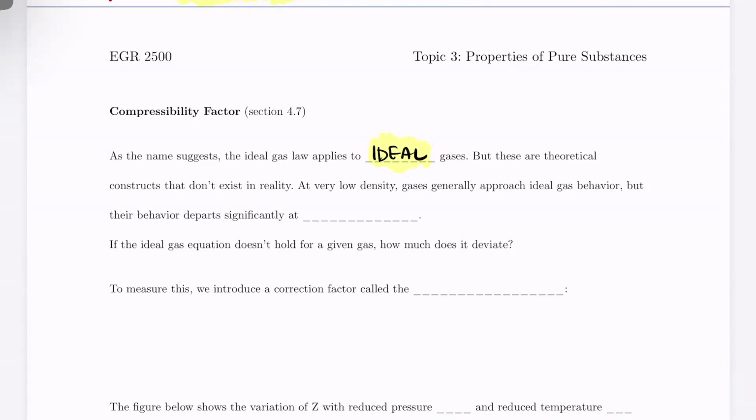Essentially, an ideal gas is a theoretical construct that doesn't actually exist in reality, but we have gases that get close enough that we can use it as a good model for what's happening in the gases we actually have in physical space. At very low density, as I mentioned earlier, gases approach ideal gas behavior, but that behavior departs significantly at higher densities.